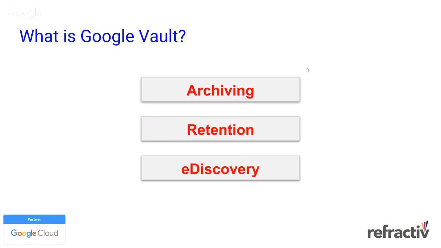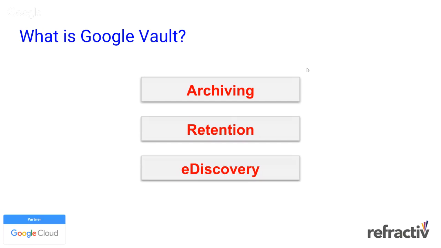Vault also allows you to define retention policies for all types of G Suite data to ensure your business critical data is preserved and also is properly managed in a manner which is appropriate to your information security policies. So we'll see this as we go through the demonstration.